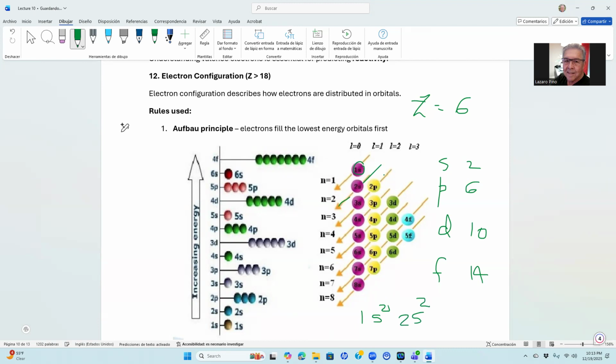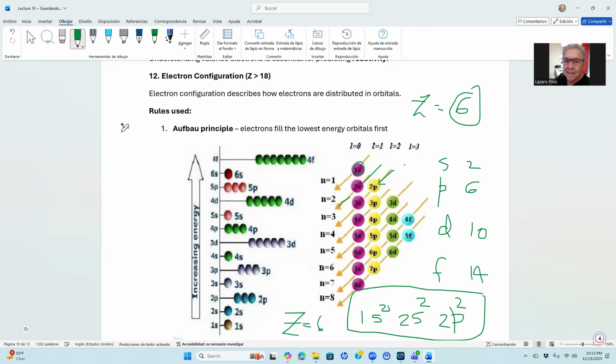After that you return and go to the 2p. The 2p allows 6, but I have only 2 electrons left. Then this is the electronic distribution for an element with atomic number equal to 6.